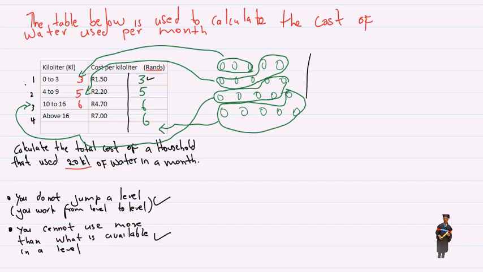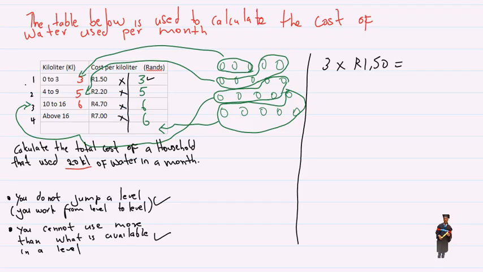I simply have to multiply 3 by 1.50, the number of kiloliters and the cost of each kiloliter. So you can see, ladies and gentlemen, that in order to get the total cost, you can simply multiply these numbers.